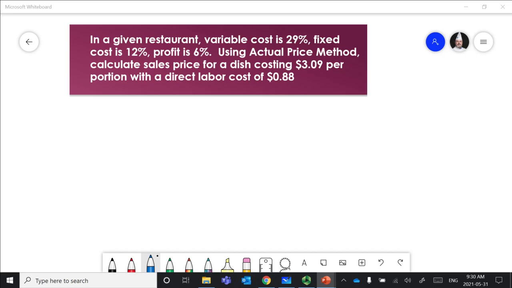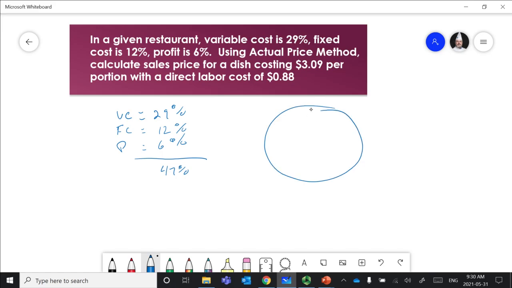So if we have a variable cost of 29% and we have a fixed cost of 12%, and we have profit of 6%, all of our added up percentages that we need equals 47%.